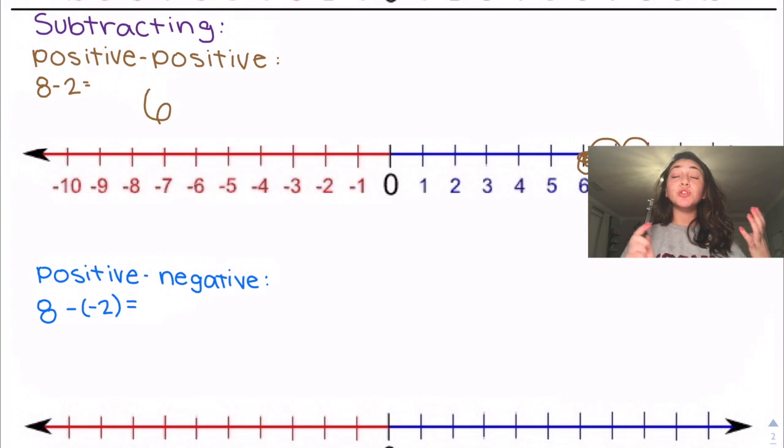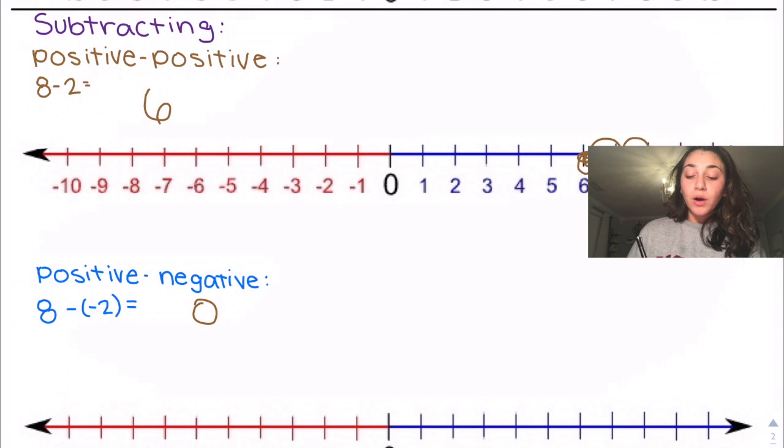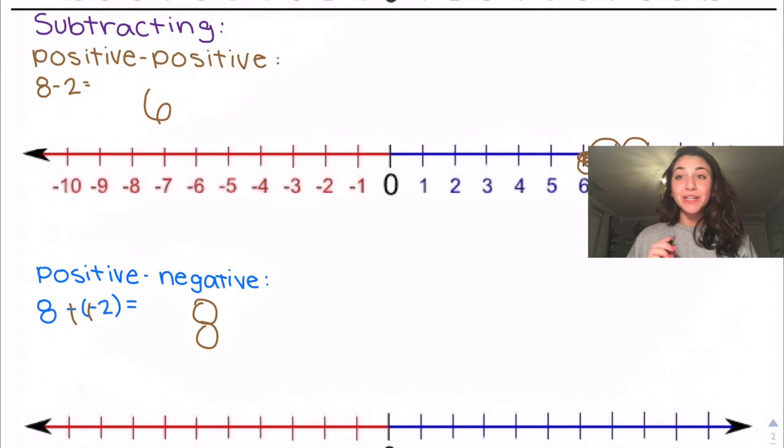Now, when you're subtracting a negative number, you end up adding a positive number. Subtracting means you're going left on the number line, and a negative number is going left on a number line. So when you are subtracting by a negative number, you end up adding, because you're going the opposite direction of the negative, which is positive.